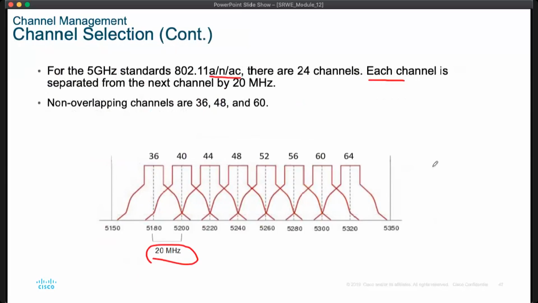Non-overlapping channels are 36, 48, and also 60. So there is no interruption between non-overlapping channels.